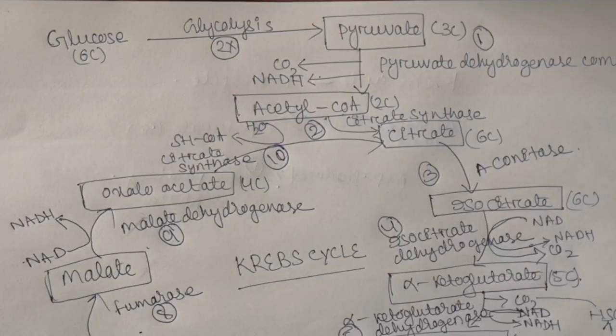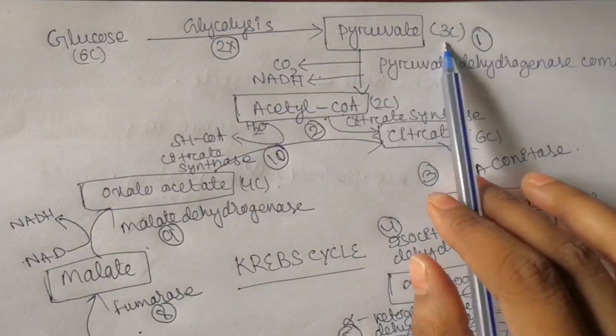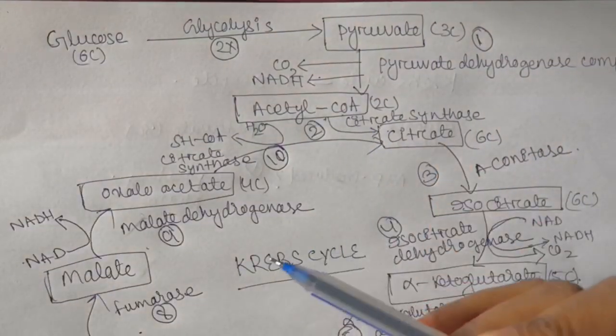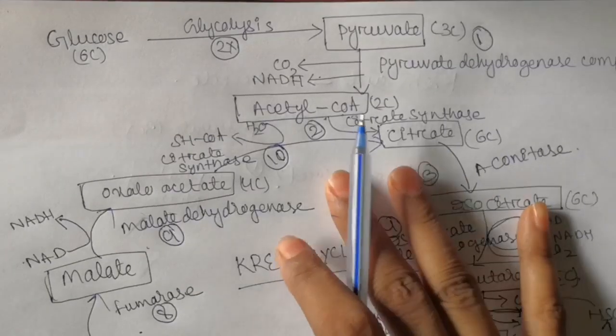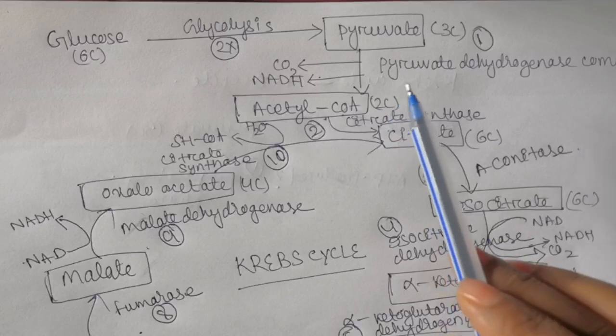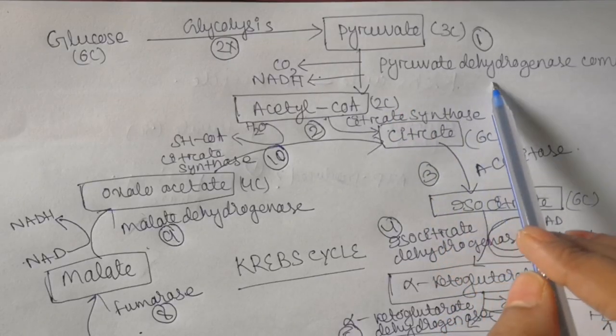The first step, the preparatory phase, begins with pyruvate. Pyruvate is derived through the glycolysis of glucose, which is a 6 carbon molecule, split into two molecules of pyruvate, which is 3 carbon. In the next step, pyruvate is oxidized into acetyl coenzyme A by the enzyme pyruvate dehydrogenase complex.